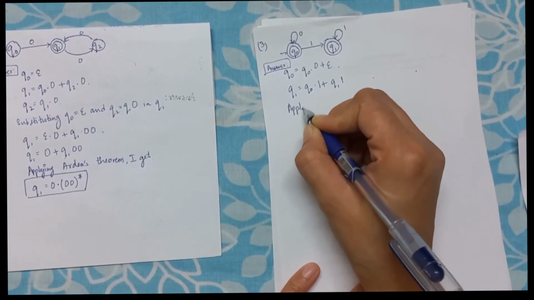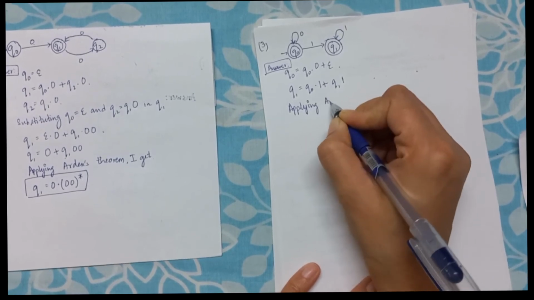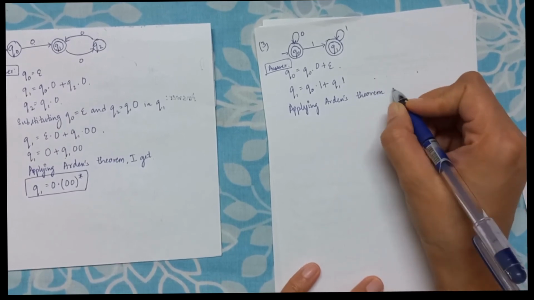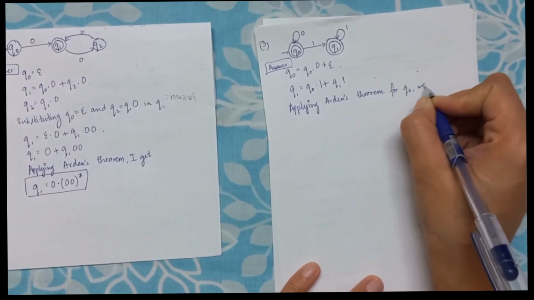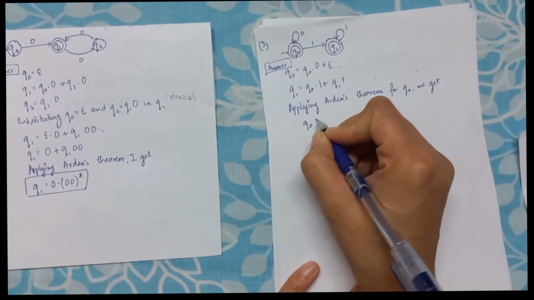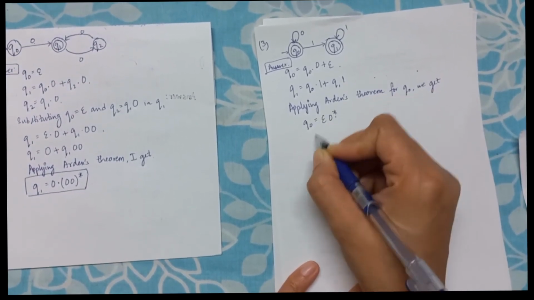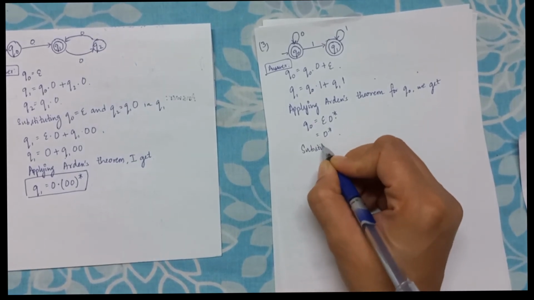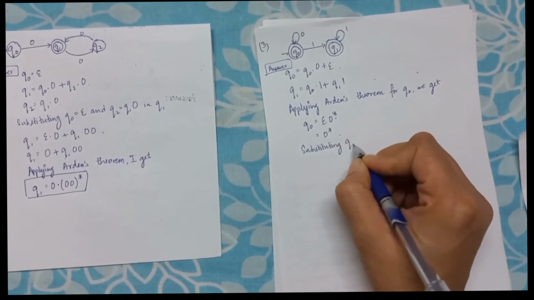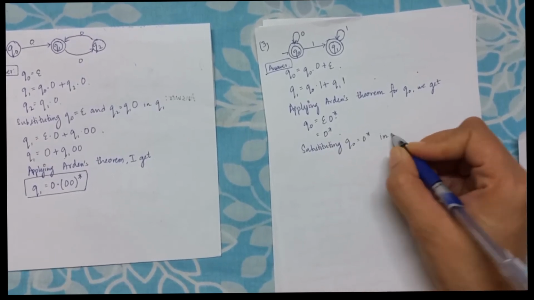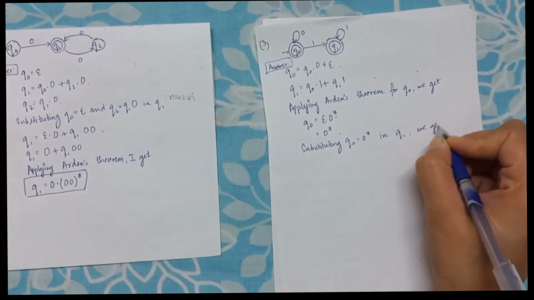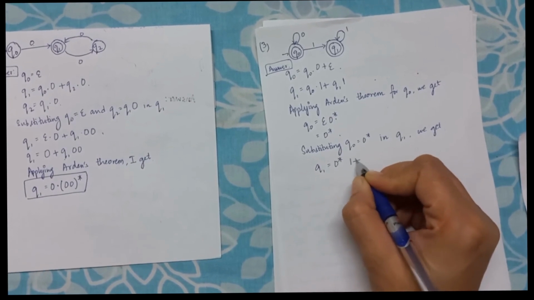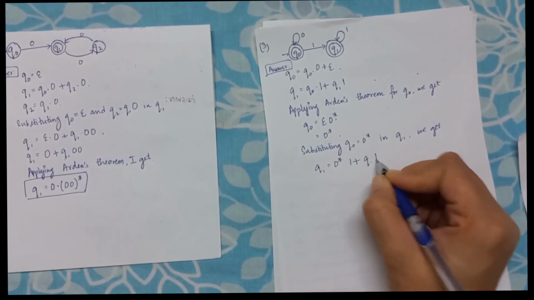Applying Arden's theorem for Q0, we get Q0 equal to epsilon 0 star or 0 star. Substituting Q0 equal to 0 star in Q1, we get Q1 is equal to 0 star 1 plus Q1 1.